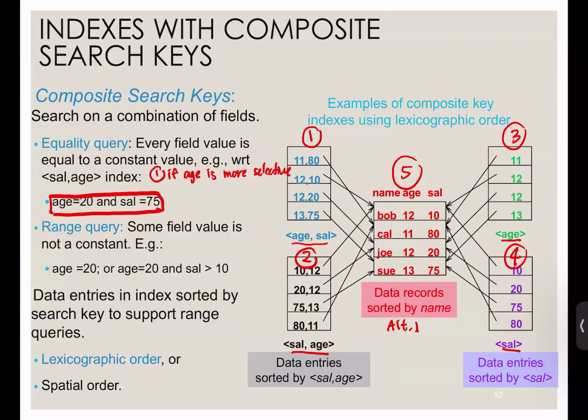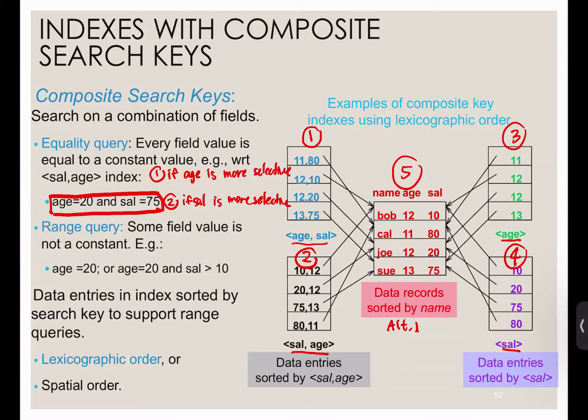More selective means that if I get a smaller amount after I get to age 20. But if we have fewer records for salary equals 75, so if salary is more selective, we'll pick number two.